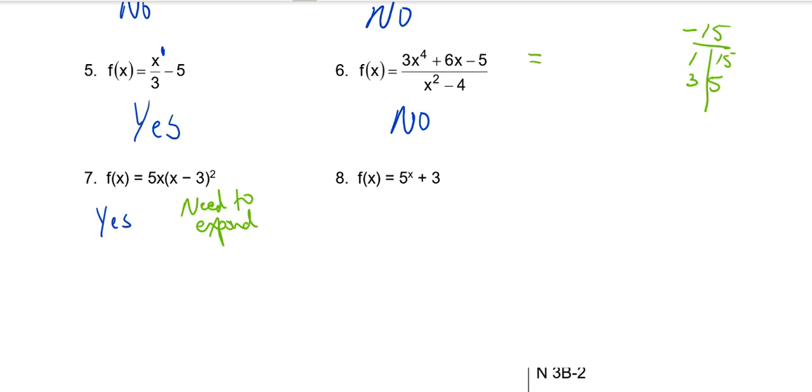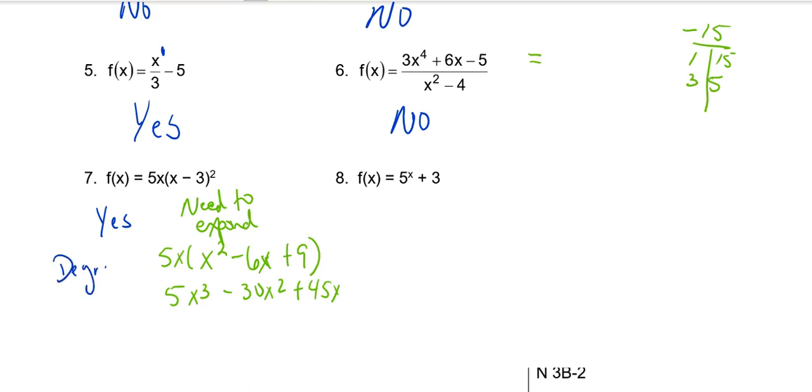We're going to get an x squared term, an x term, and then a constant term, and then we're going to multiply it by 5x, which then makes it 5x cubed times our middle term of negative 6, which would make it a negative 30x. And then if you take 5x times 9, you're going to get 45x. So we're going to have a degree of 3 because we have x cubed.